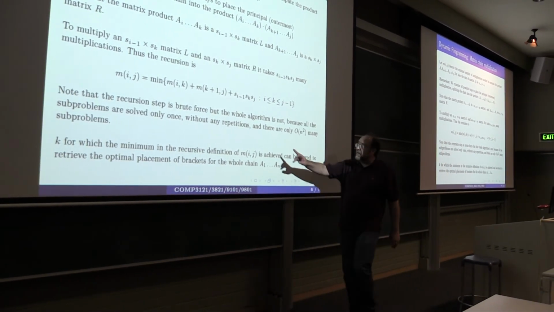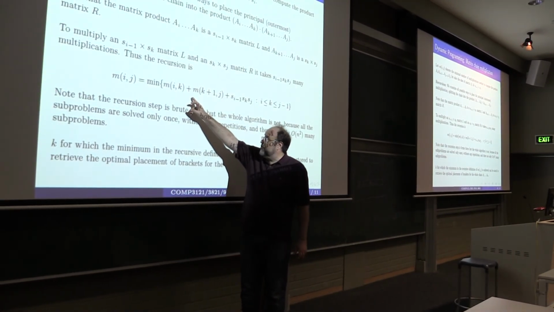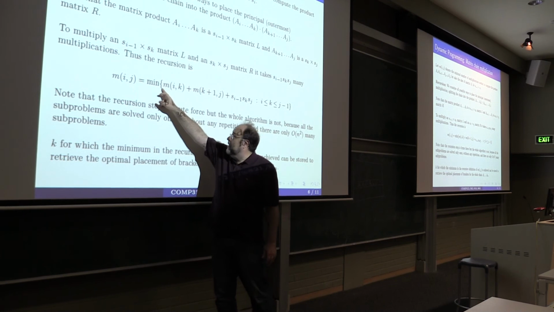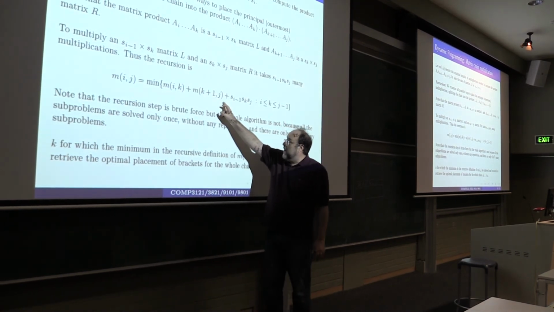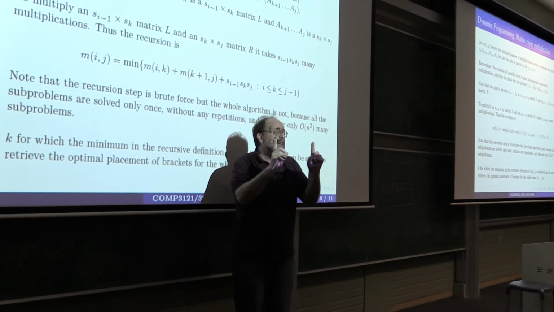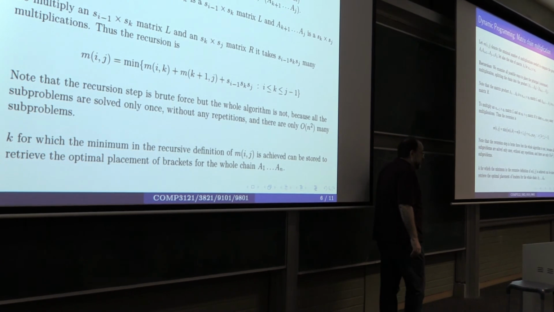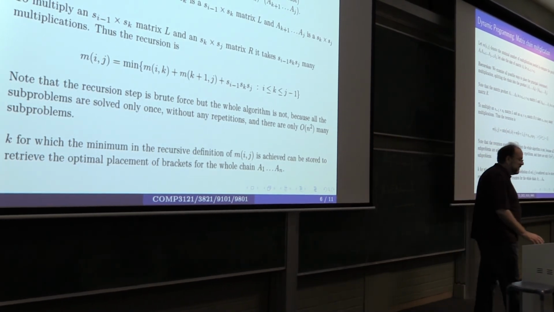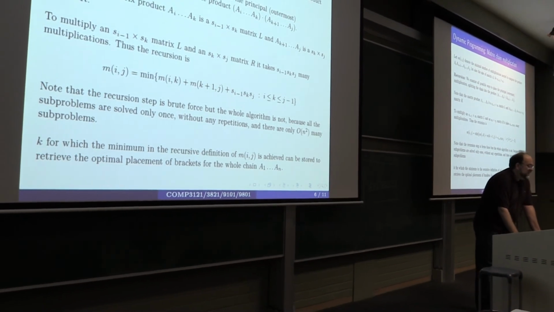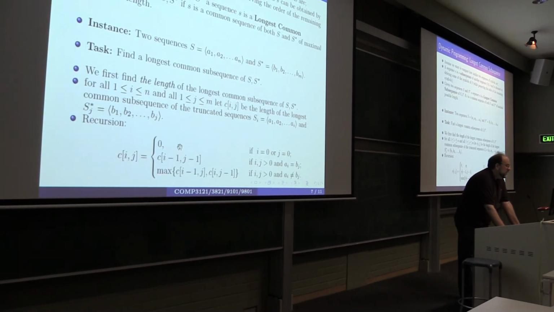So it is an exhaustive search over all possible breaking points for the chain, but for each subchain, the multiplication is done only once and placed in the table. And this is what gives dynamic programming its efficiency.